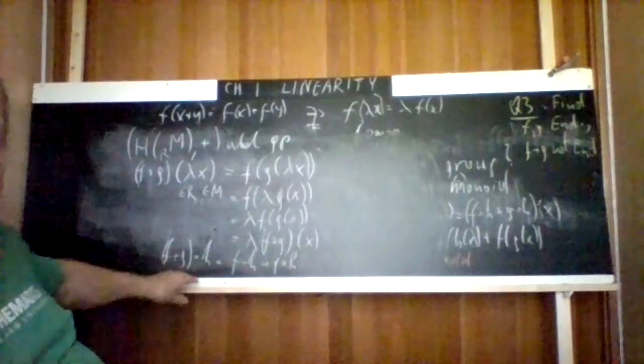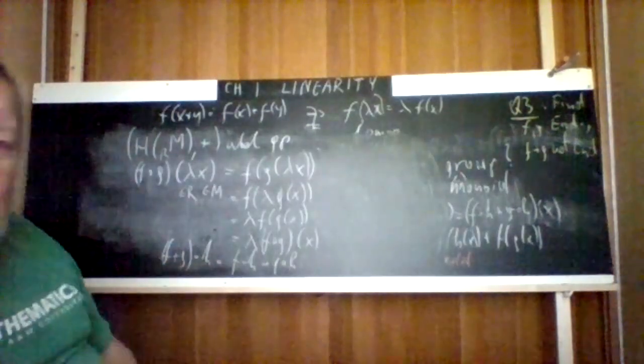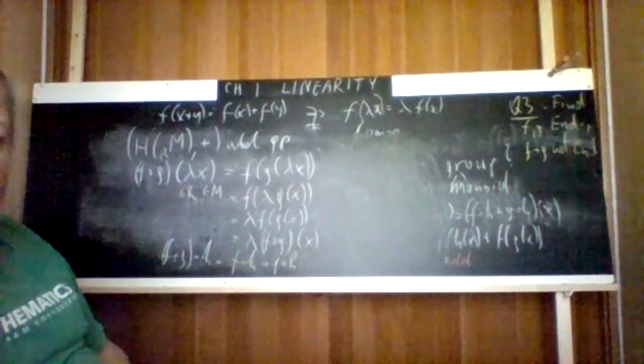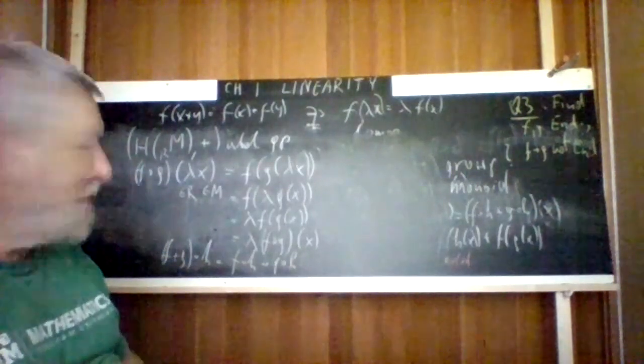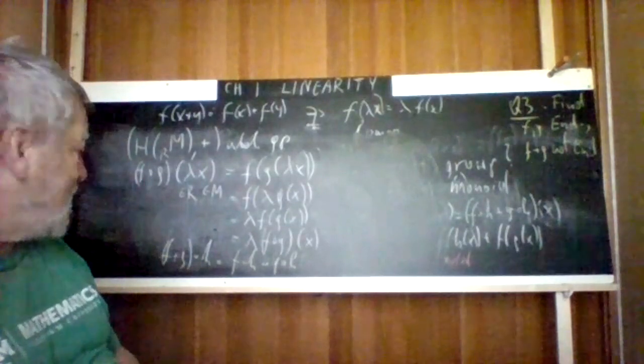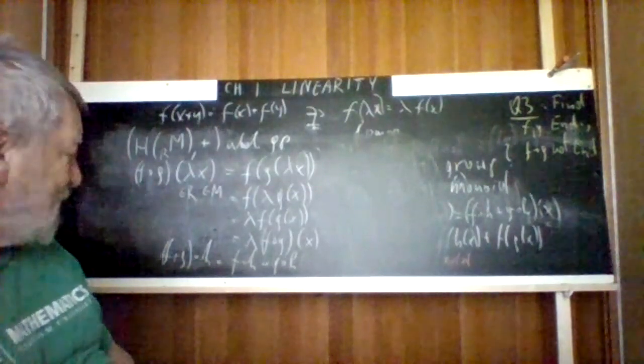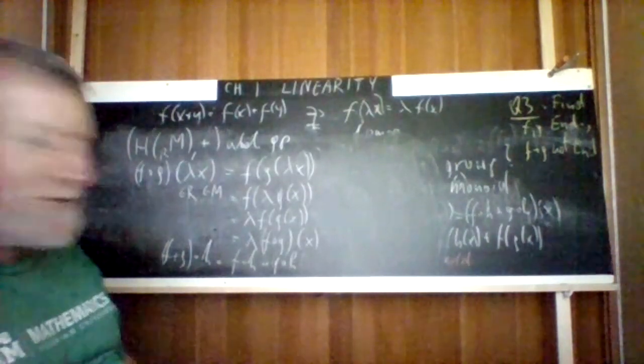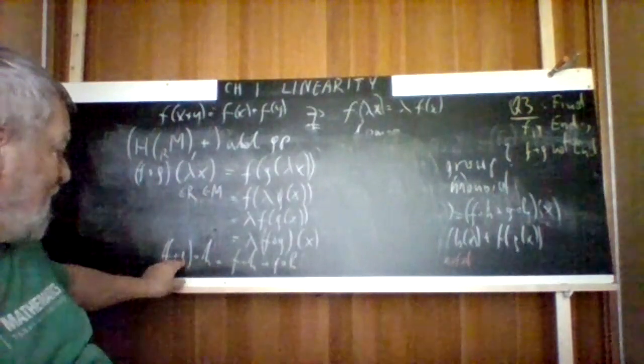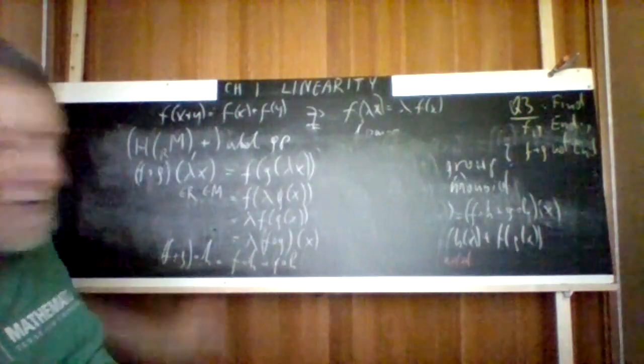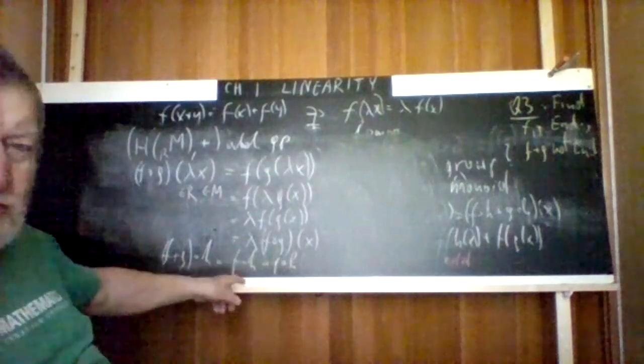For that, we had no requirement whatsoever. It was very easy. We simply took the definition of composition and the definition of addition, and that was enough to show this.